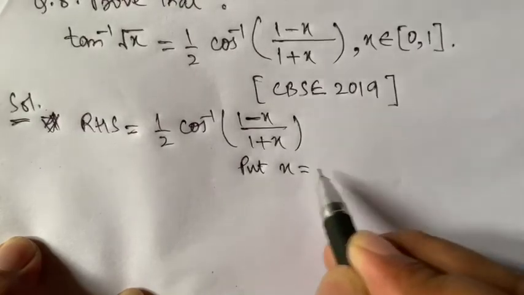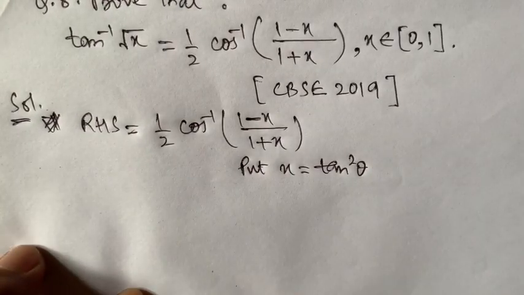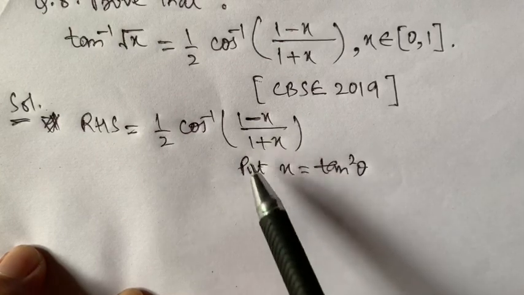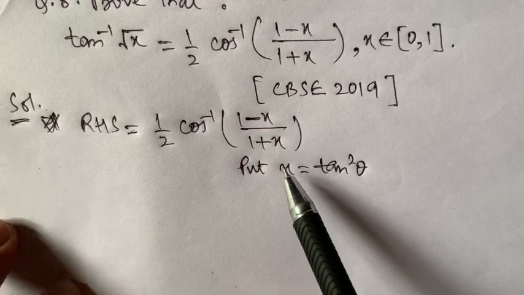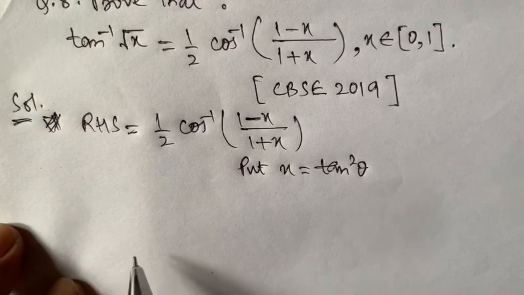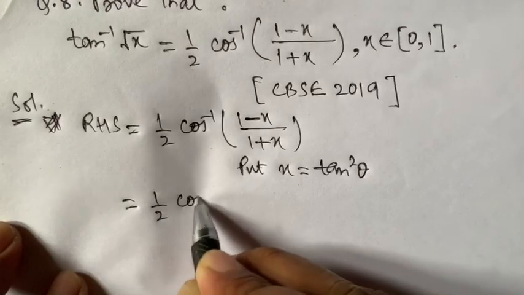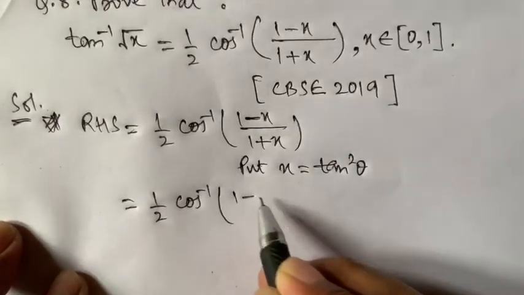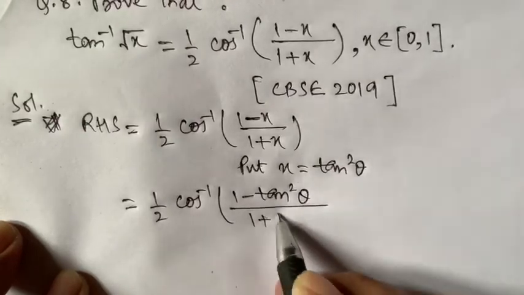Put x is equal to tan square theta. Why tan square theta? Because 1 minus tan square theta upon 1 plus tan square theta is cos 2 theta, and this will simplify the problem. And it is 1 by 2 cos inverse of 1 minus tan square theta by 1 plus tan square theta.